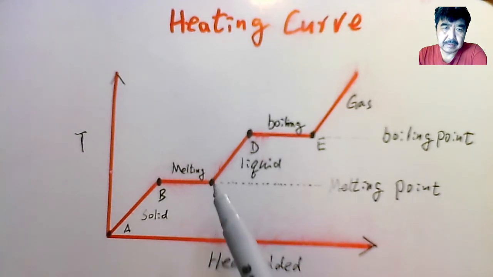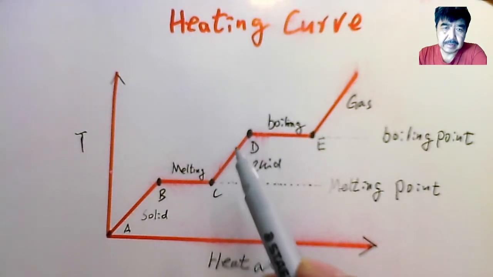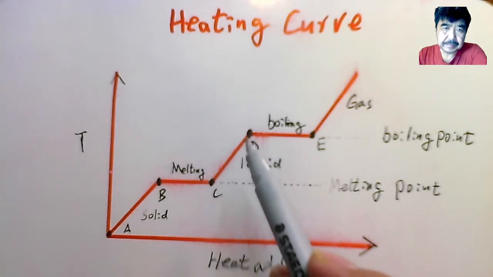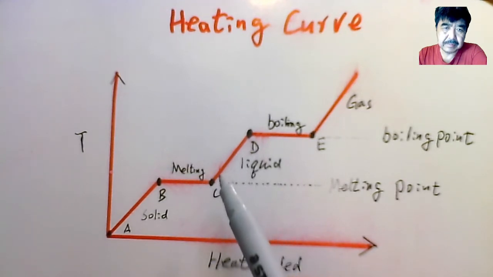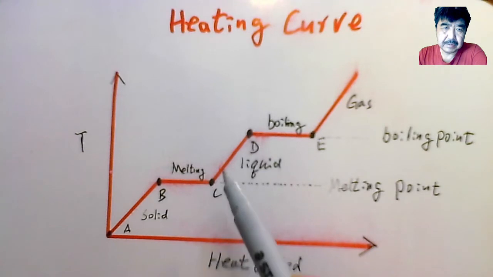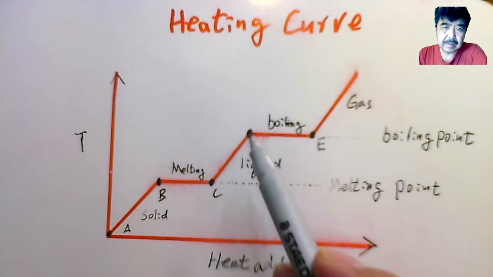Then when we continue to heat the substance, the temperature rises again. In this phase, the matter is still in a liquid phase, from C to D, and the temperature increases. When the temperature reaches point D, the matter starts to become gas.